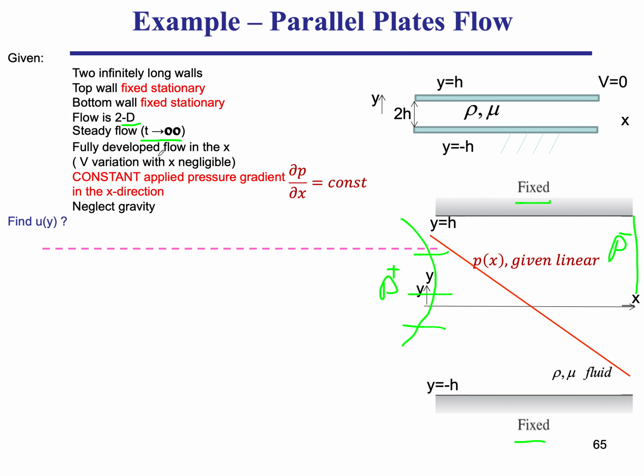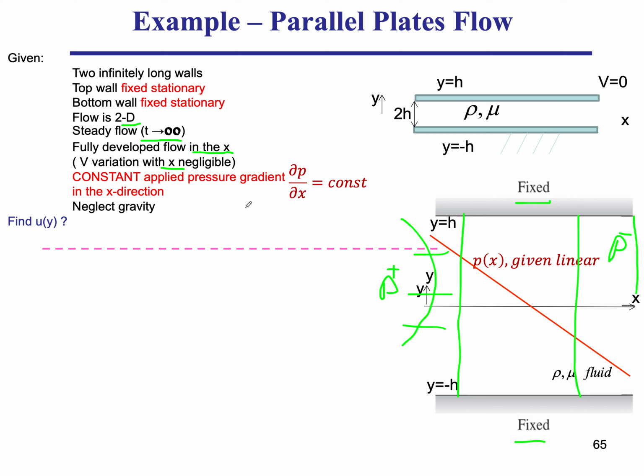And we're making the assumption also that in the limit that my flow becomes steady, it will also be fully developed. That means the flow profile right here will be the same as the flow profile at a different x. So the flow becomes independent of x.